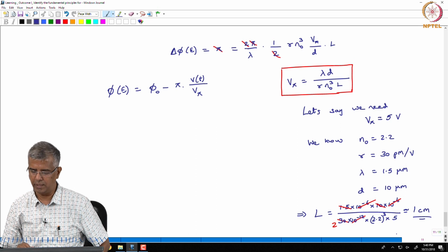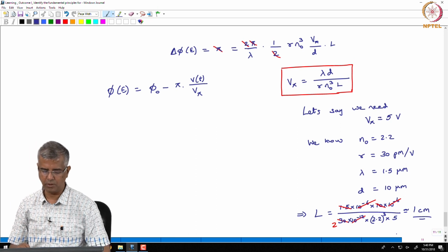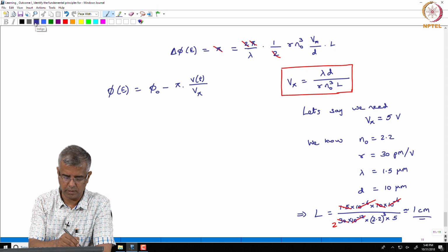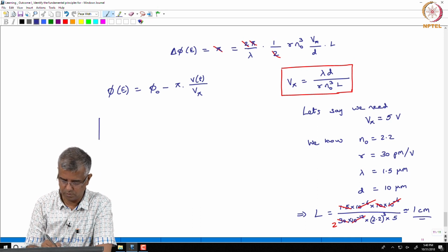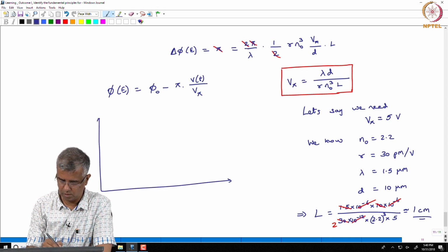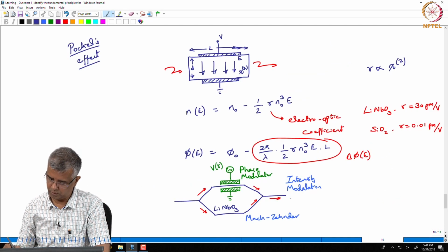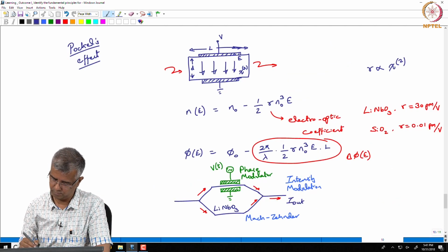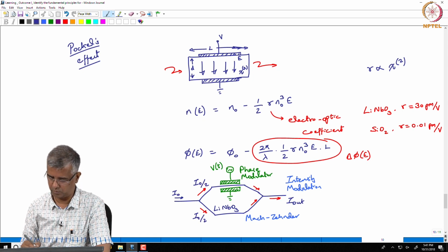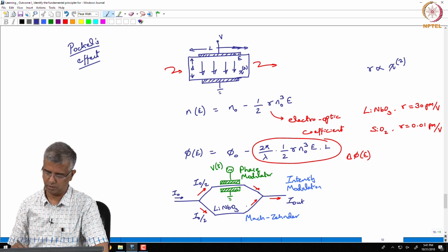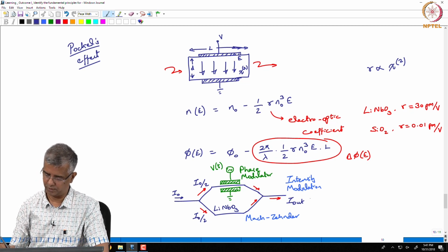And the other thing that you get to see is when you are looking at the output intensity, let us call it I out over here. What is coming in is I naught, and you manage to send I naught over 2 here, I naught over 2 there, and then it goes through a relative phase change.